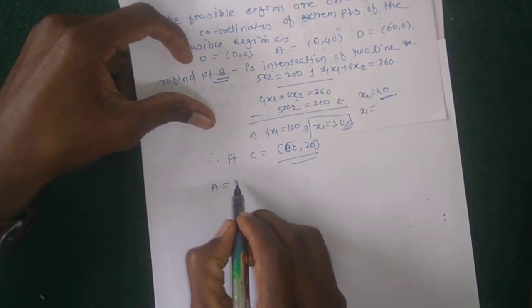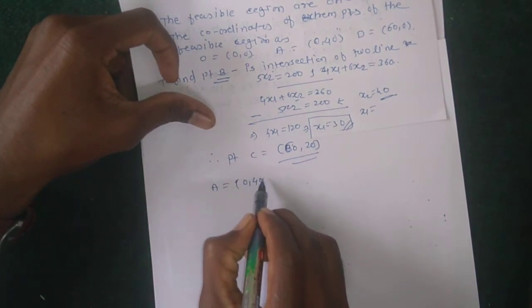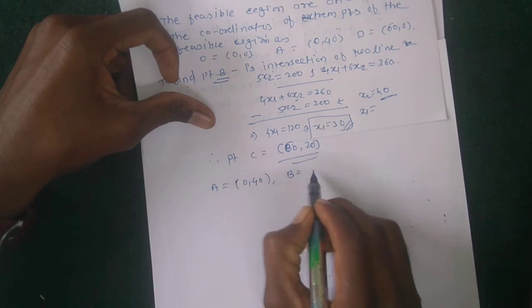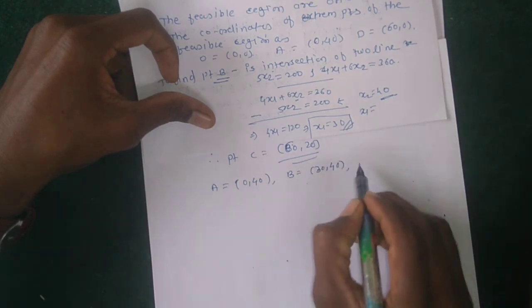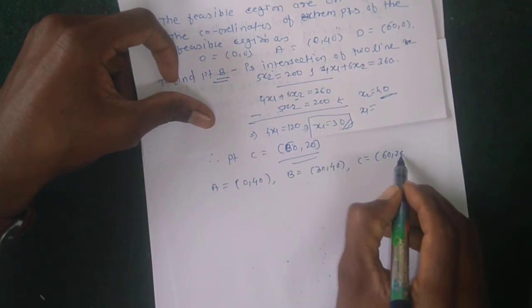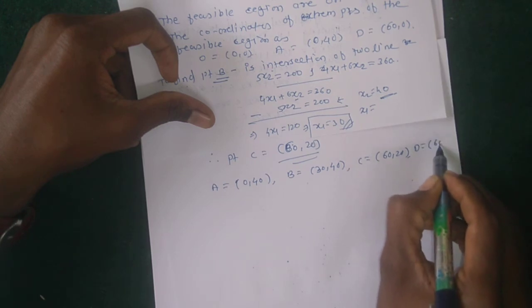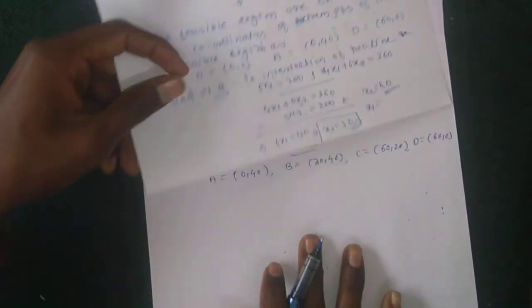So all the points are: A is (0, 40), B is (30, 40), C is (60, 20), D is (60, 0), and O is (0, 0).